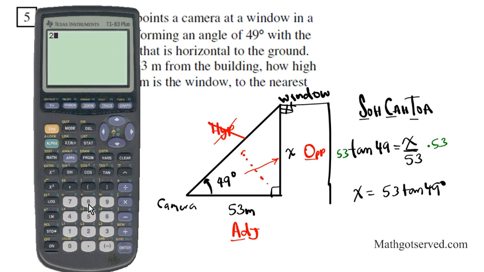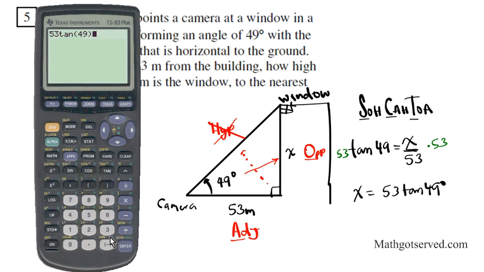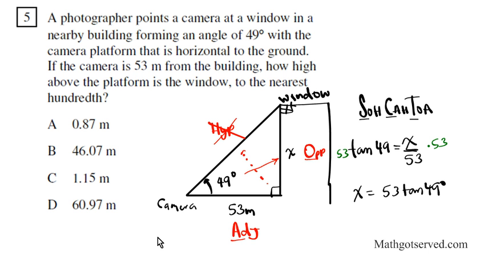I already put mine in degrees, so we have 53 tan 49, and the answer is 60.97. So the height is 60.97 meters. So the answer is B.